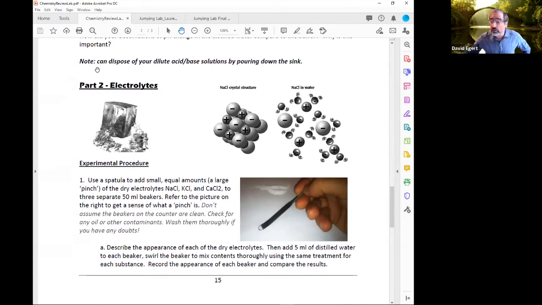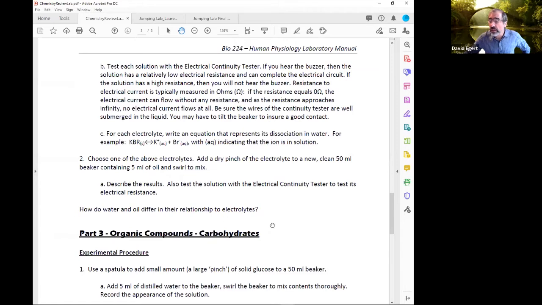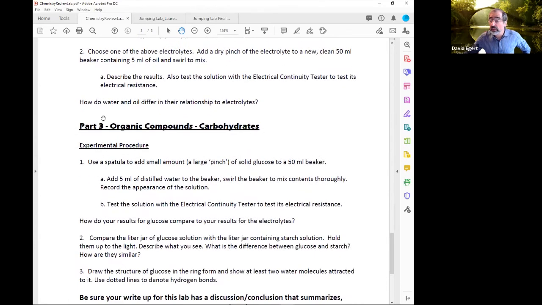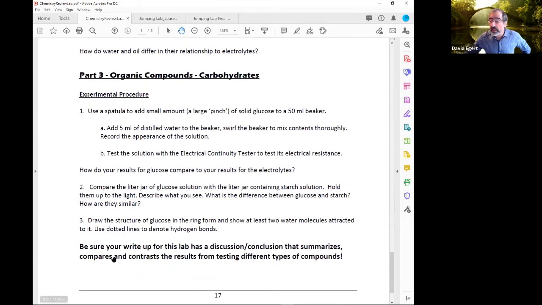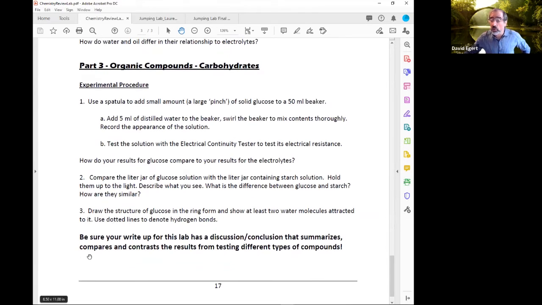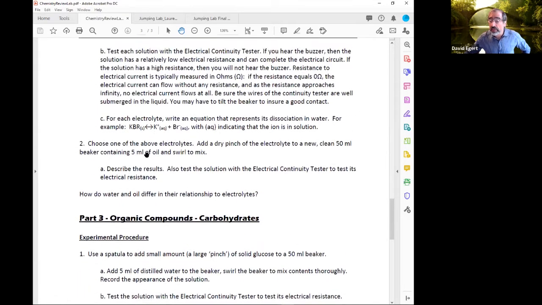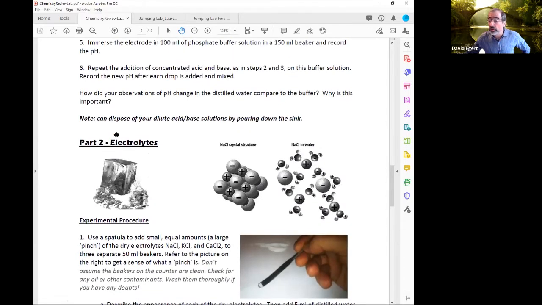So the methods for part 2 here, you'd have part 2 electrolytes, and cut it off there, and then take your data for this part. Again, your raw data. Then paste in the instructions, the procedure for part 3, and record your data from here. And then you'd write a more elaborated discussion that brings in all that data and says what it means. So it will ultimately be in there, but I think it'll have a much better flow if you have the methods and then put the data after the methods.